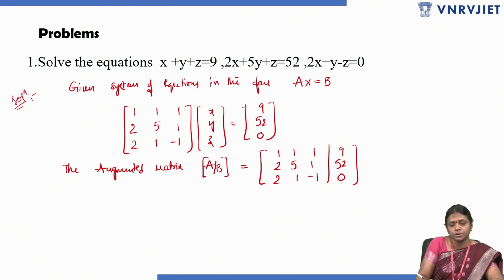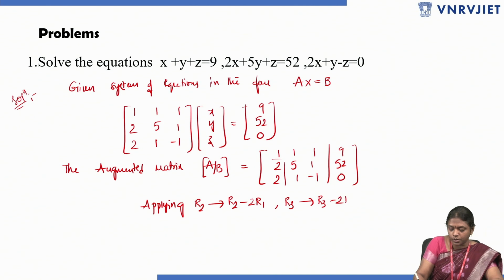Now we need to reduce this augmented matrix into echelon form. So with the help of this element, I need to make all the elements below it equal to zero. Now what operations do I need to implement here? Applying R2 tends to R2 minus 2R1, here I have 2, multiply this with 2, 2 minus 2 becomes 0. Next, R3 tends to R3 minus 2R1, 2 minus 2 is going to be 0.